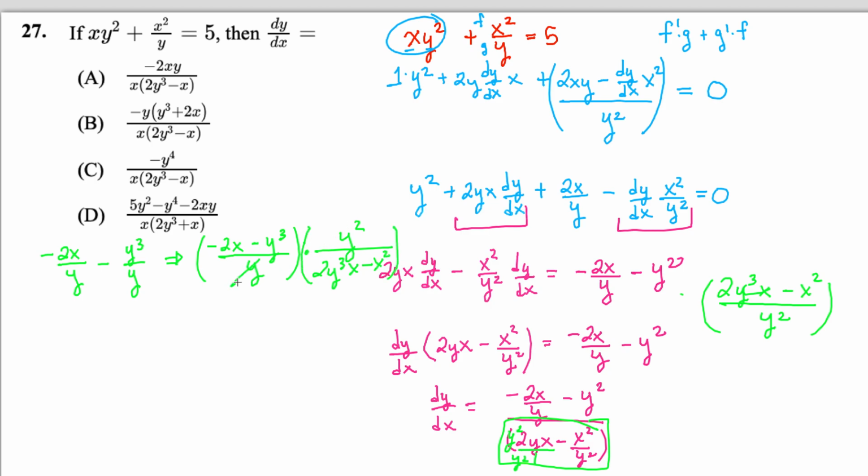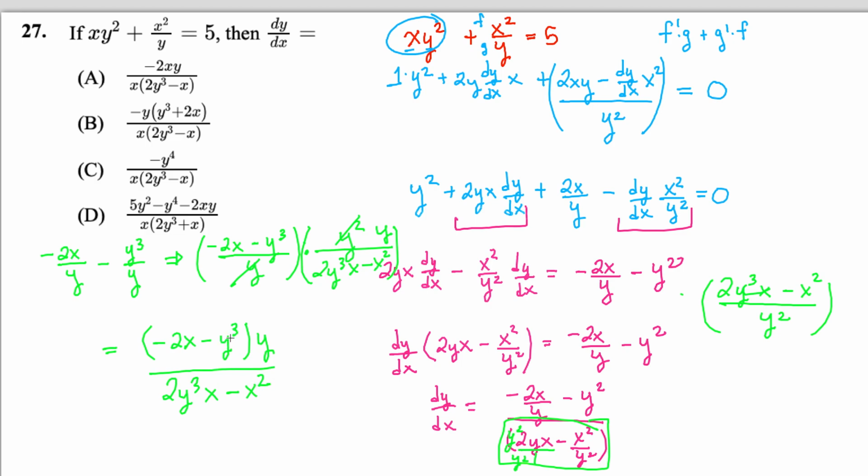And one of these y's cancels with one here, so I have a y on the top. And then I'm left with negative 2x minus y cubed times y, over 2y cubed x minus x squared.